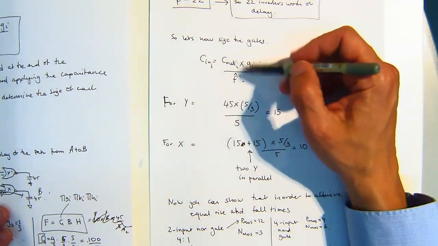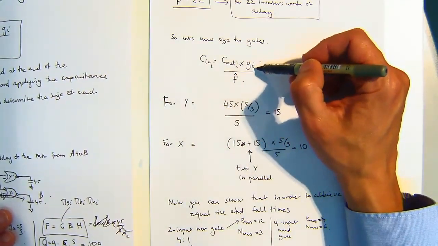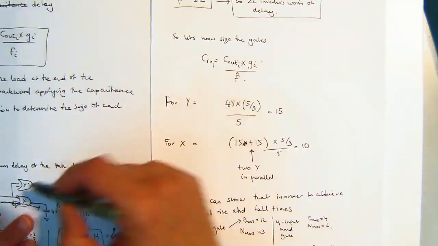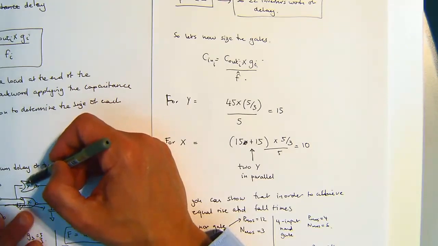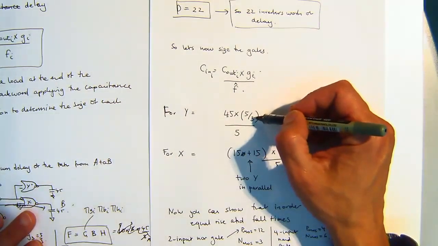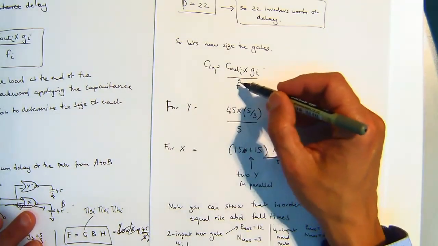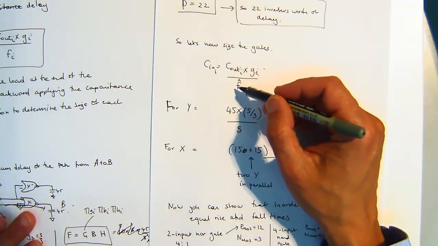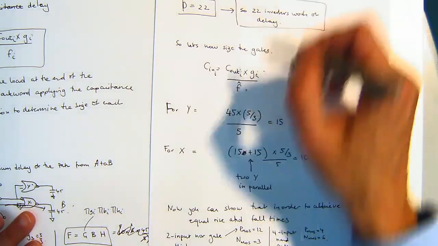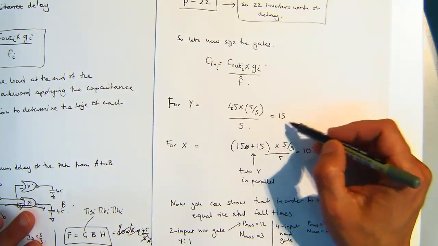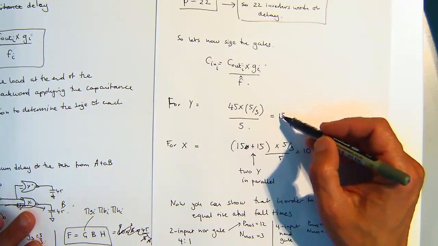Okay, so let's use the formula. We go 45 units. What's its logical effort? Because it's a NOR, it's 5 on 3. What's our optimal best effort gain? 5. So the size should be 15 units of input capacitance.